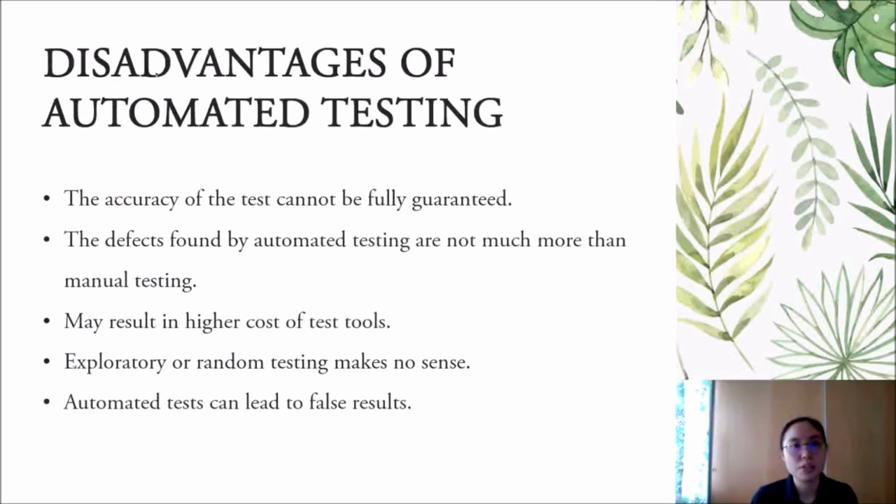Next, for the disadvantages, one of the disadvantages of automated testing is that the accuracy of the test cannot be fully guaranteed. Automated testing is composed of scripts and its core is still code. So automated testing is a test program, and the program may have defects, so it is not guaranteed that the script developed by the test engineer will be free of defects.